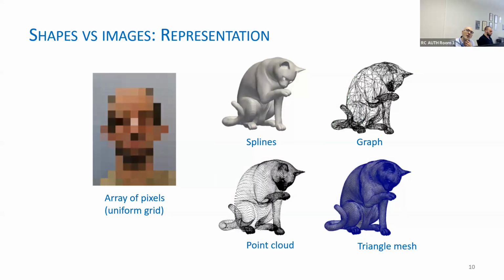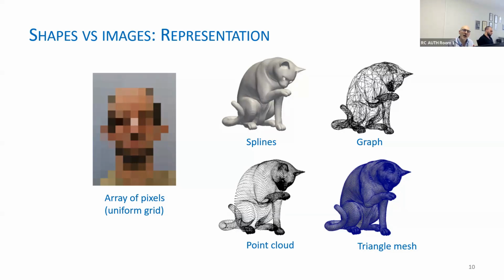Again, for the 2D domain, we have basically a unique representation, which is given by an array of pixels, so this uniform grid.